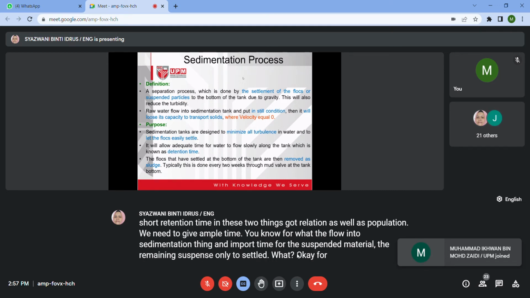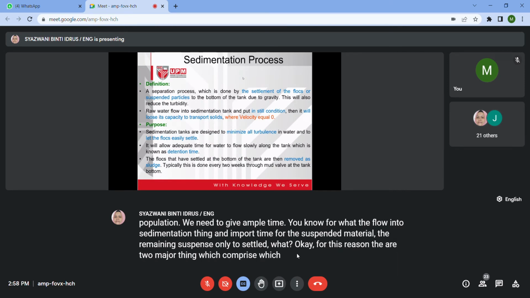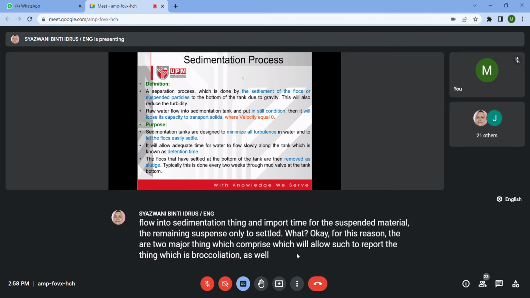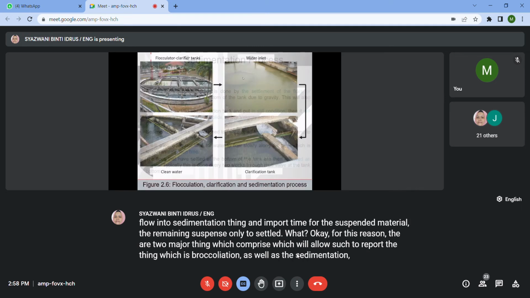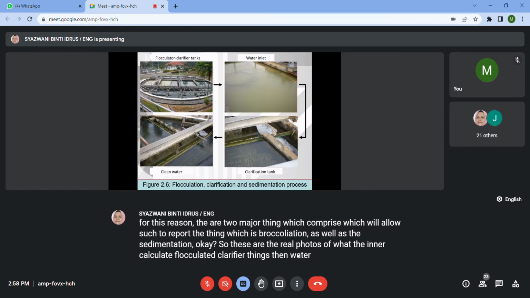For this reason, there are two major tanks which allow sludge to settle to the bottom part of the tank: the flocculation tank as well as the sedimentation tank. These are the real photos of the water inlet, flocculator, clarifier tanks, clean water and clarification tank.